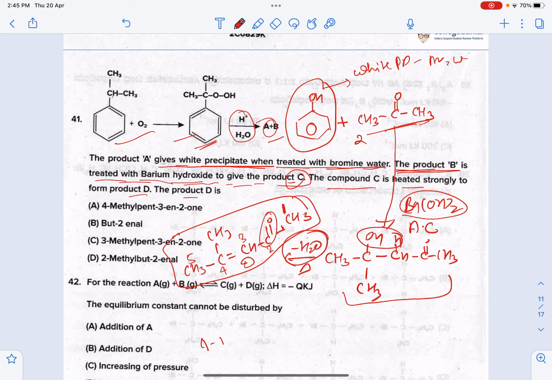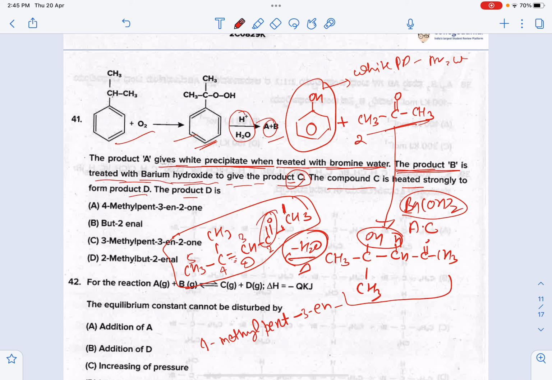Its name will be 4 methyl, with a 5 carbon chain, then pent. At position 3 there is the double bond, so we write 3, and at position 2 there is the ketone group, written as one. So our correct option will be option A, 4 methyl pent 3 en 2 one.